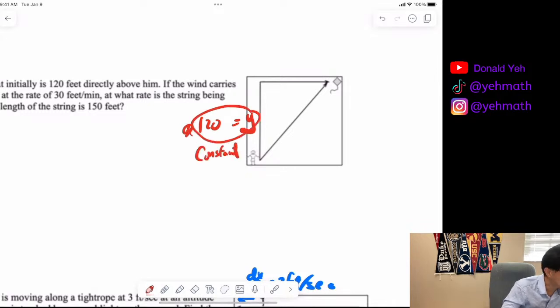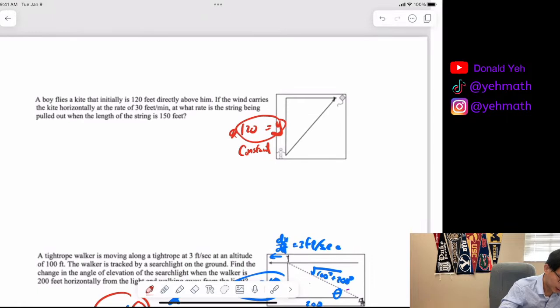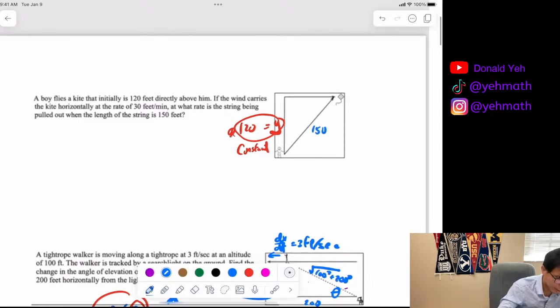Remember, your key is to realize what is constant, what doesn't change. This is 150, which is changing. And this is x. This is changing as well. So the red is not changing. That is your best friend.